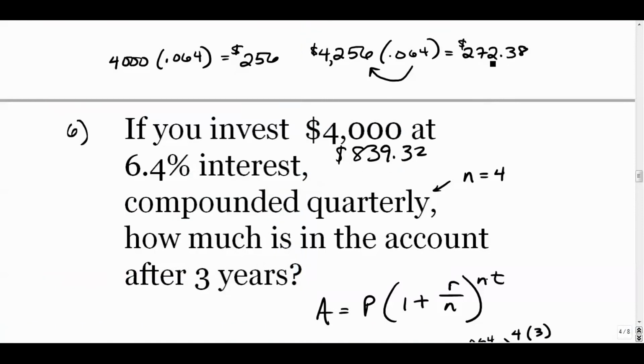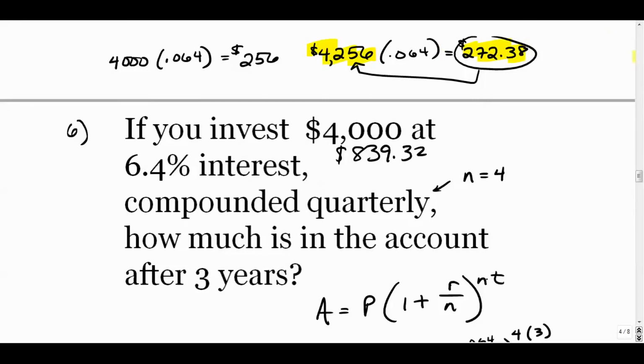Now that is going to be added to this number. And then the next compounding, which will be around September, I guess, will be 0.064 times the sum of these two numbers. So that's what it means to compound.